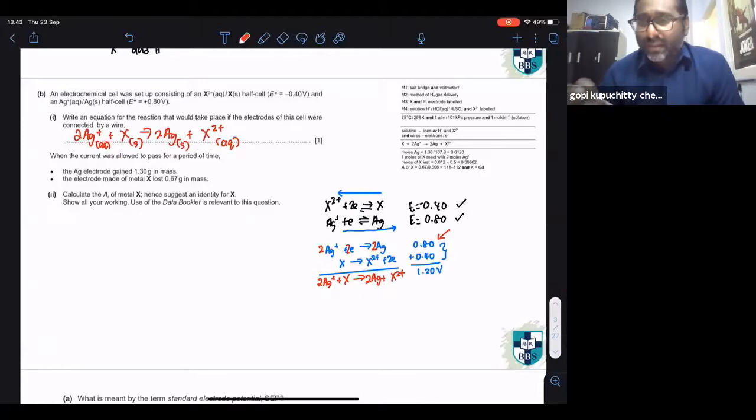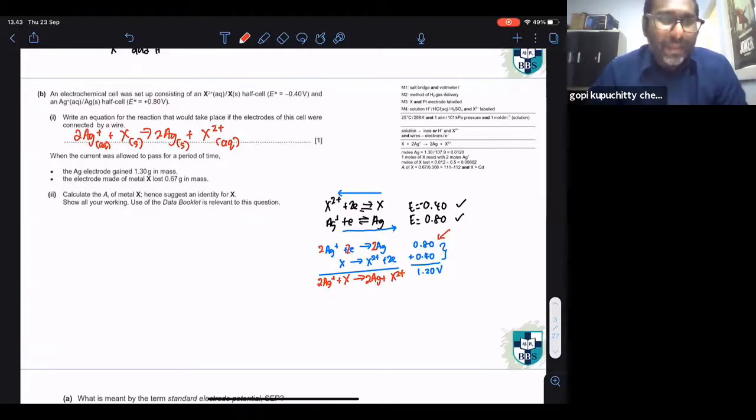Now, do remember, this is slightly different from your Faraday calculation. Why do I not use Faraday calculation over here? Because they didn't specify the period of time. They didn't specify what the electric current is.